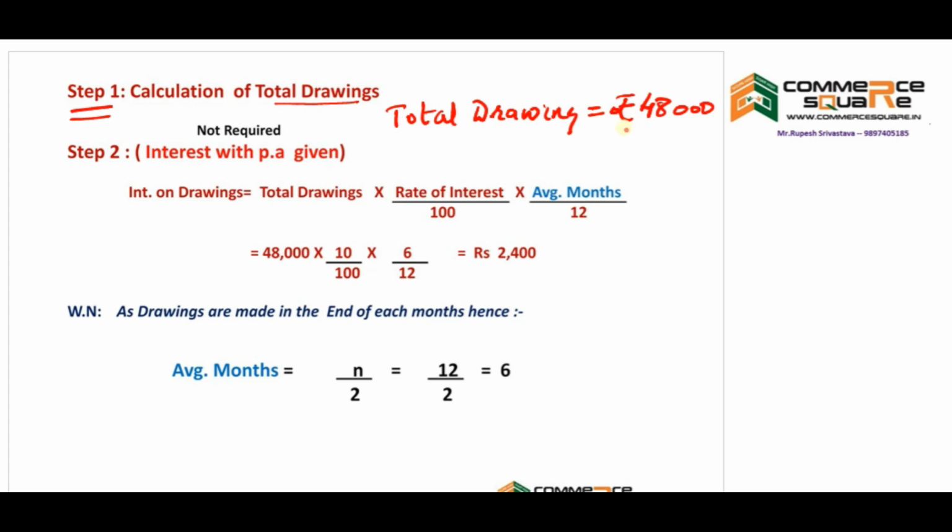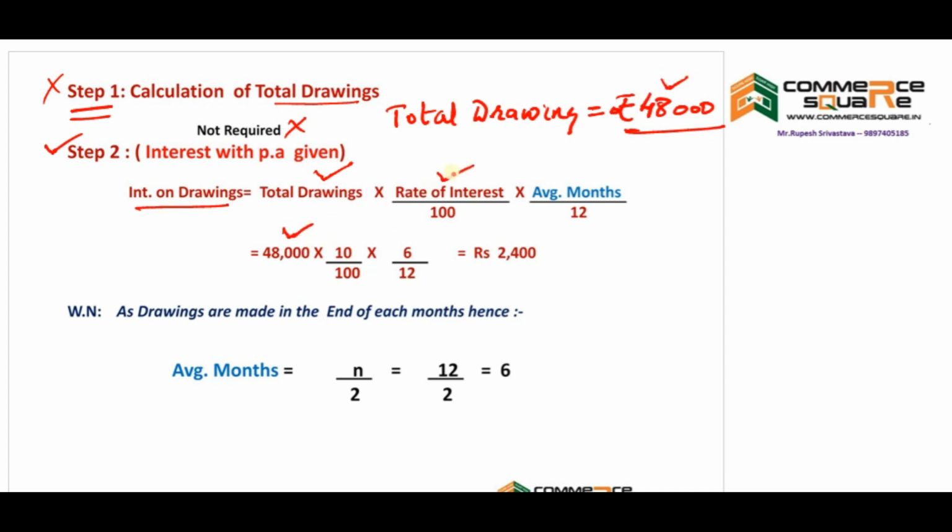So when the total drawings is already given, step number 1 is not required. Now we will directly go to step number 2, in which we calculate interest on drawings. Total drawings is already given to us, that is rupees 48,000, so I have put the 48,000 here.